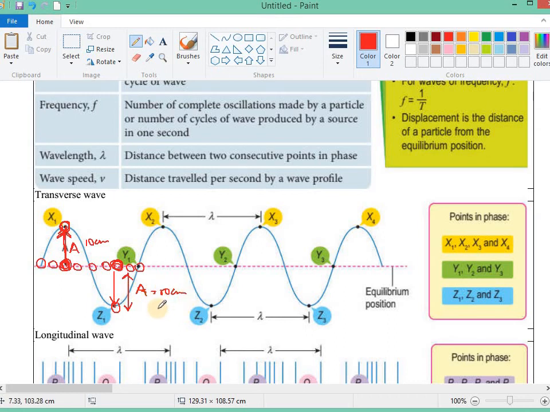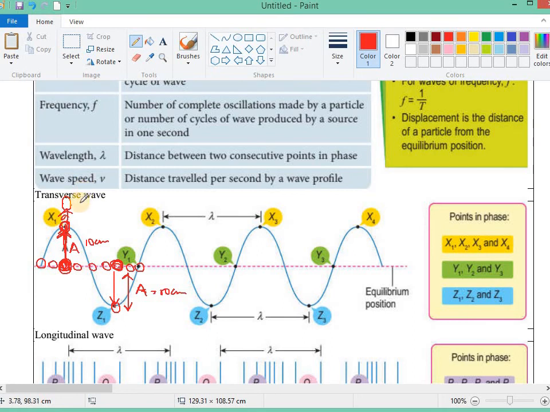So what is it that can affect the amplitude? Amount of energy. It's very logical, right? What is it that can make this water molecule go higher? If it can go higher, that means it has bigger amplitude. How is it that it can go so high? Because it has more energy.